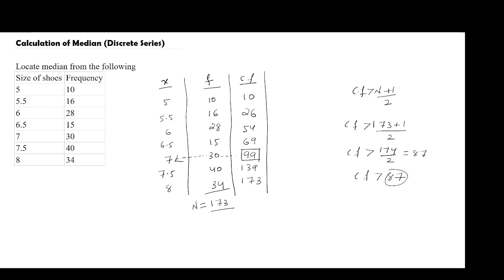So you write it here: cumulative frequency greater than 87 is 99, and the corresponding value of the variate gives the median.